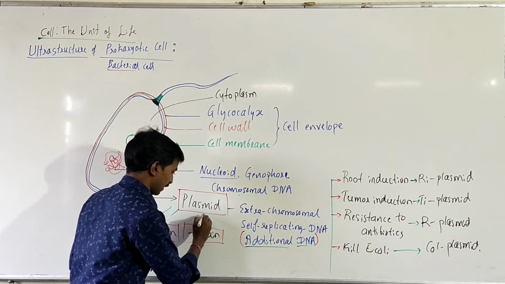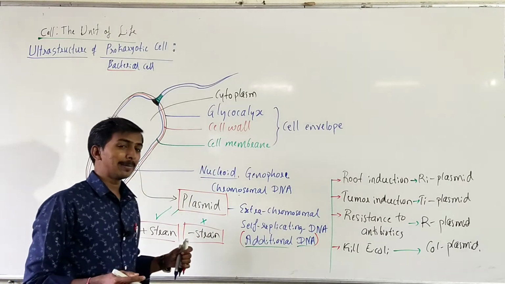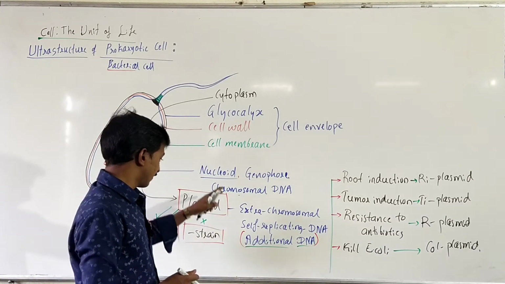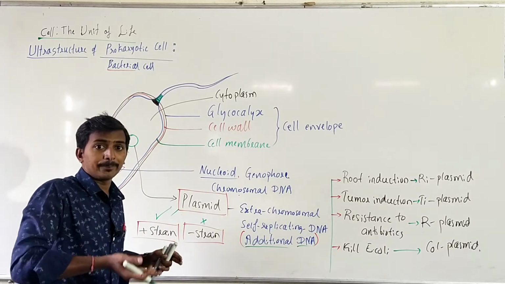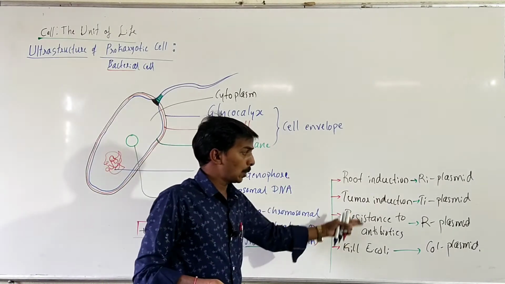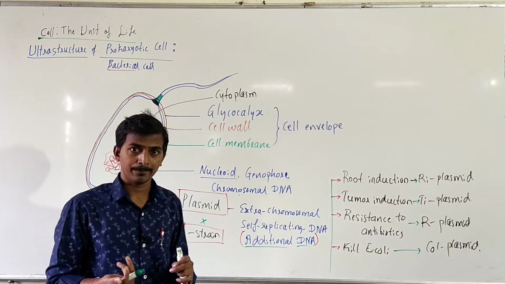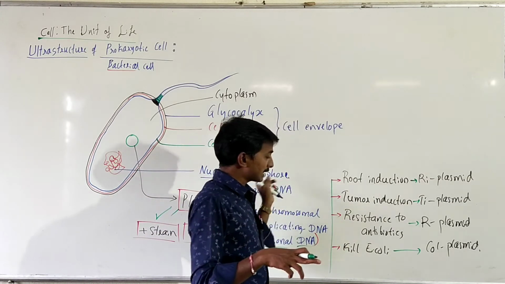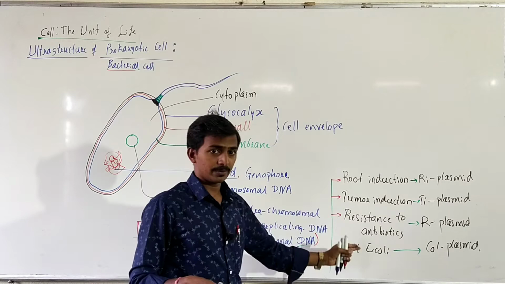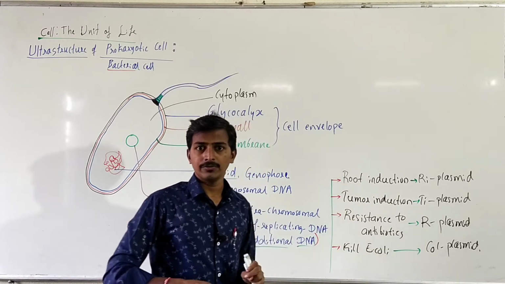Whenever the plasmid is absent, it is called a minus strain. It means when the plasmid is present, the bacteria is more capable of performing all these functions. But if the plasmid is absent, in that case, the bacteria cannot perform all these additional functions.